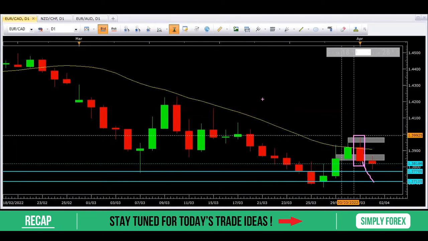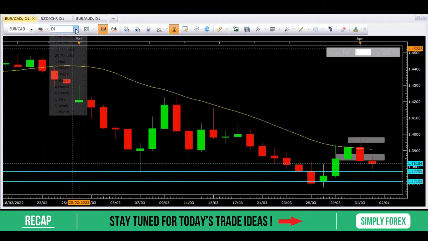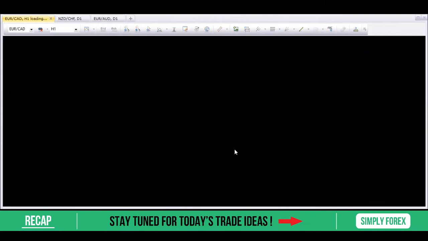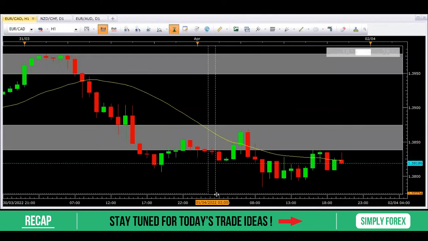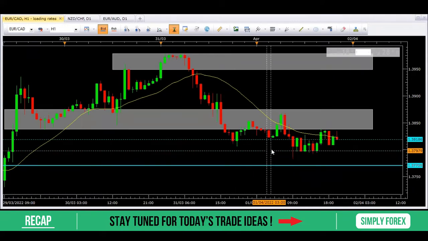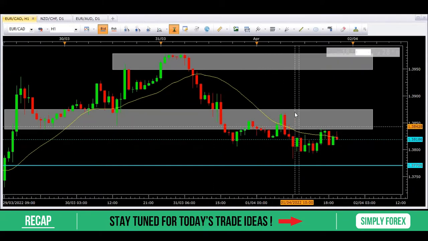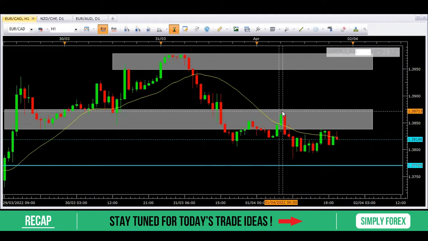Let's look at H1 to see what actually happened in more detail and if we could get in on the trade. And we could, guys. As you can see, price came up to our grey zone, and then you can clearly see this candle here tells me that sellers are in control of this market. I entered on this candle. I got a slight retrace. I entered about here, and I had my stop above the entry candle.